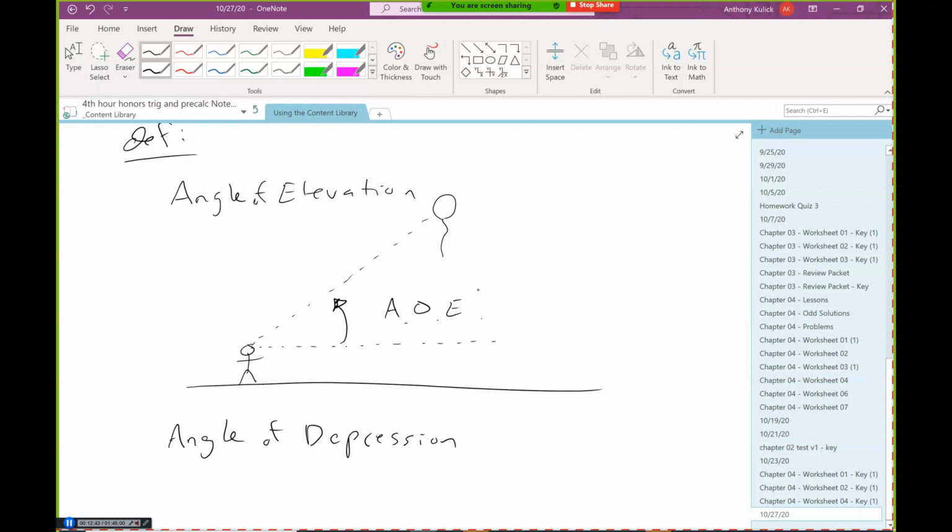So the angle of elevation is always measured from the observer to the object. Keep in mind that this angle right here is not the same as the angle of elevation.